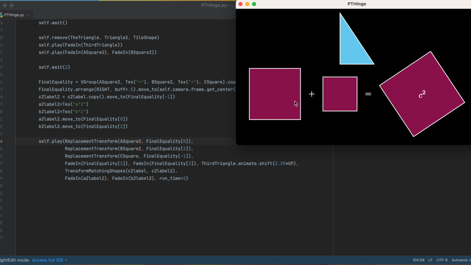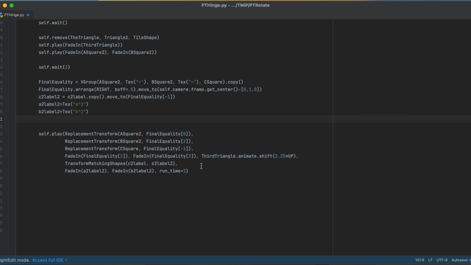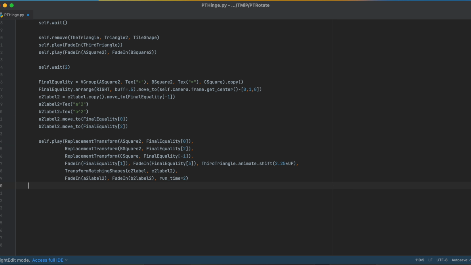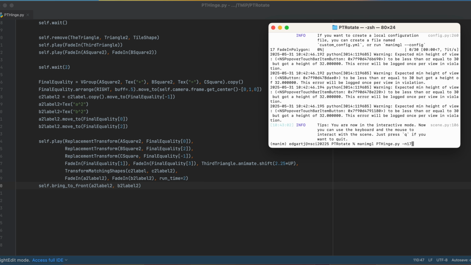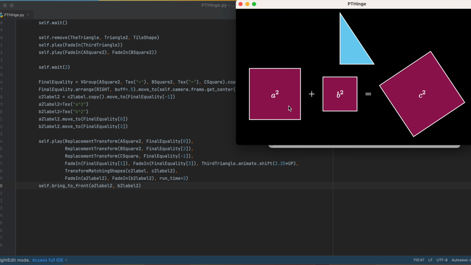So I saw them there, they disappeared. And so I guess maybe what I want to do is I'll try this same thing. I'll try to bring them to the front right away. Self.bring_to_front, A2 label 2 and B2 label 2. And let's see if that works and see if they're still in front there. So they're still in front there.